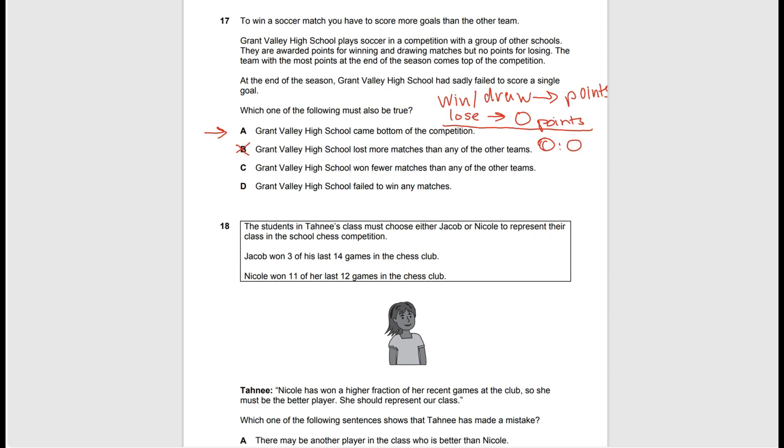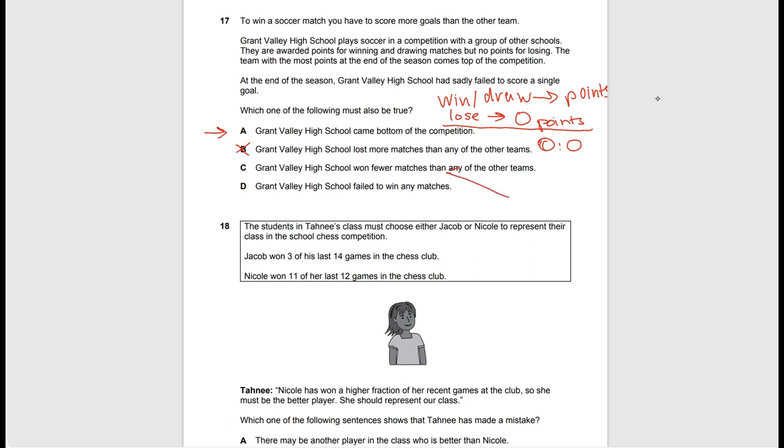Option C. Grant Valley High School won fewer matches than any of the other teams. This could be true, but the opposite could also be true. They may have won more matches than all of the other teams.